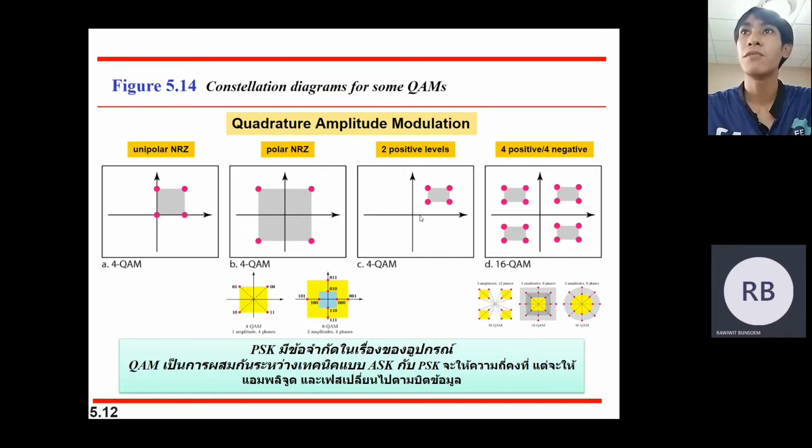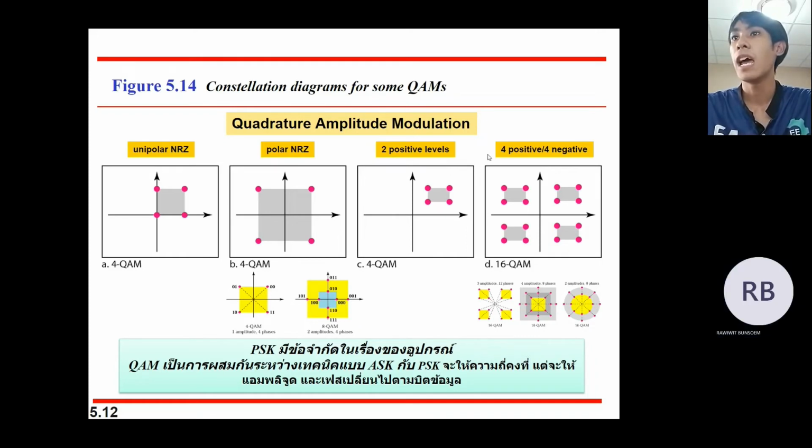Quadrature amplitude modulation. Picture A is unipolar, non-return to zero, and picture B is polar NRZ, or non-return to zero. The next, picture C has two positive levels, and picture D has 4 positive and 4 negative.